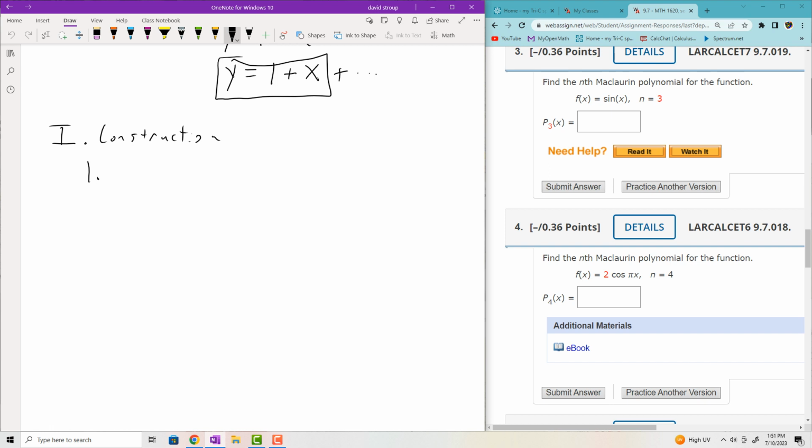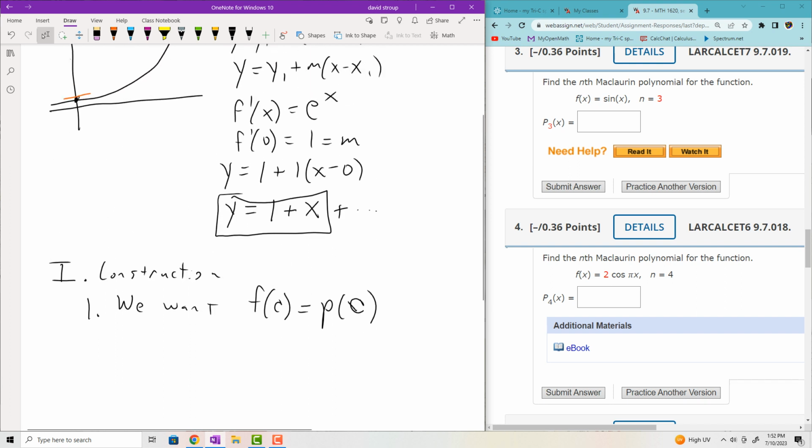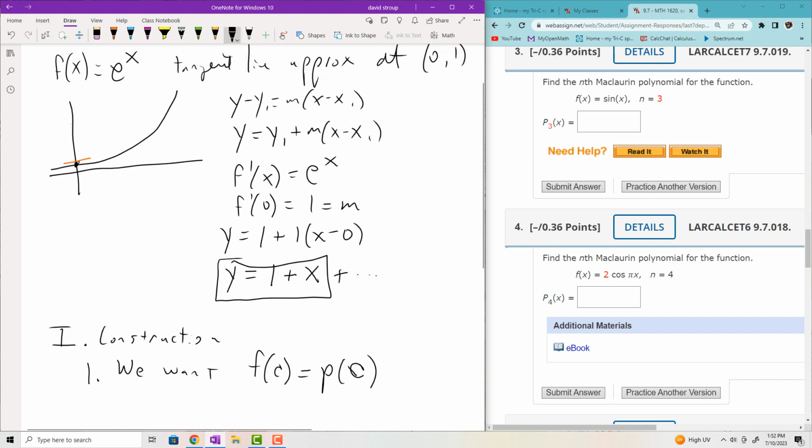So the constraints here: we want, first off, the value of the function at some point, f of c, to equal the thing we're using to approximate it with. So f of c we want to equal p of c. In this first example, our f of x is e to the x, and our p of x was the polynomial approximation we created, 1 plus x.